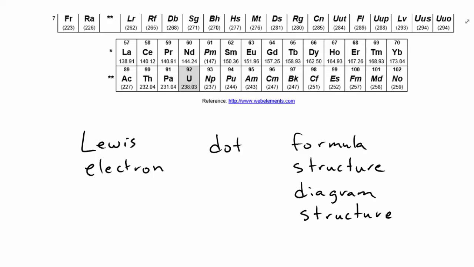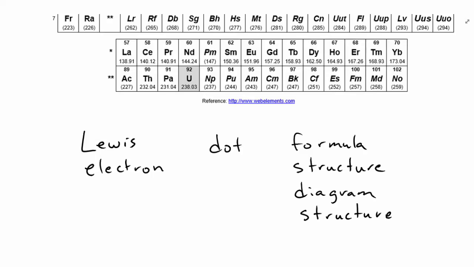So if I talk about a Lewis dot structure, that's the same thing as a Lewis formula. It's the same thing as the electron dot diagram. It's the same as the Lewis electron dot structure. So again, any combination of words from the first column, and we can choose whether or not to include them from the second column, and any word from the fourth, they all stand for the same thing.